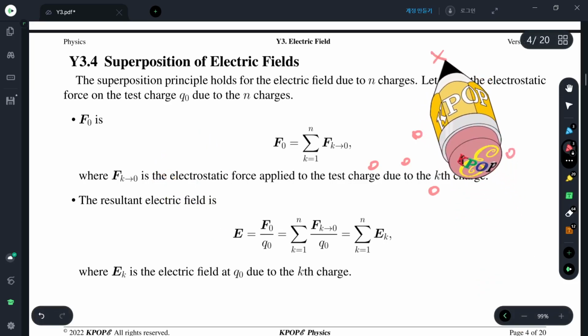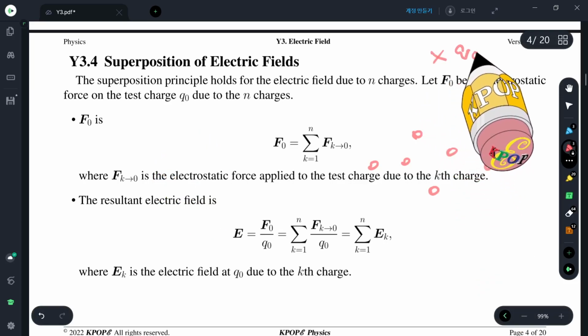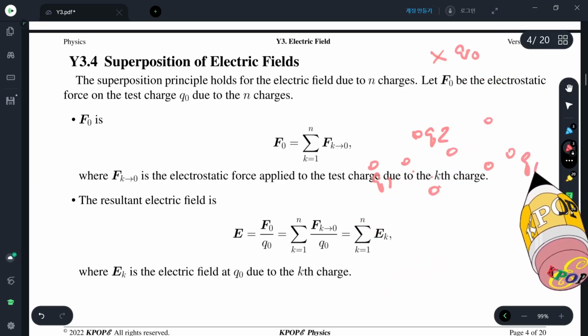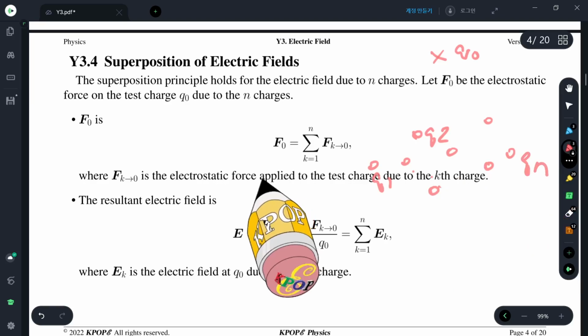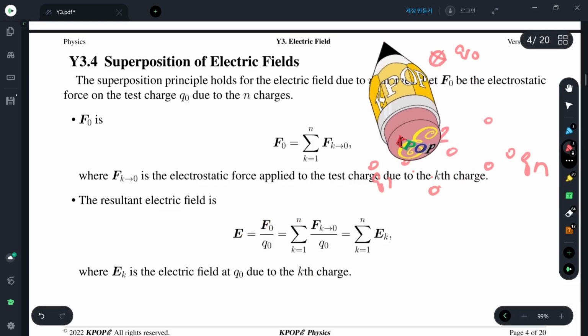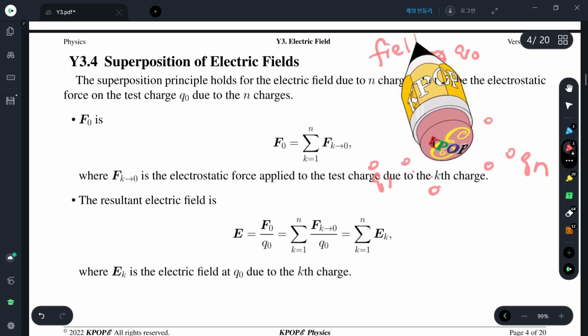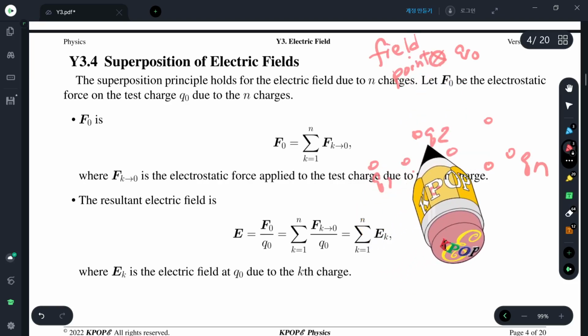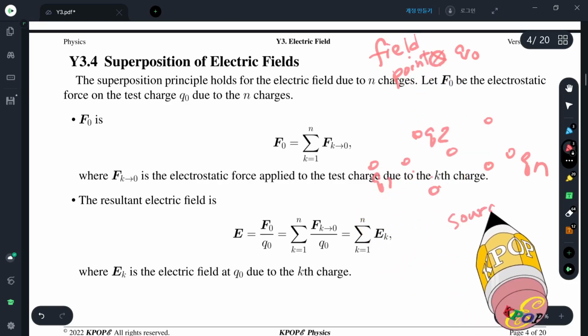If there is a test charge Q0 and there are Q1, Q2 through Qn, then the net electric field is applied to this field point. And there are various source points.